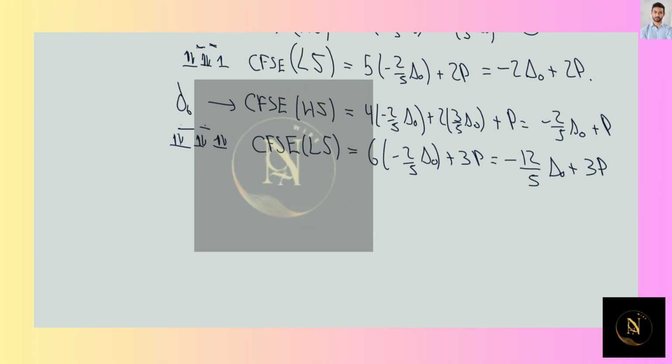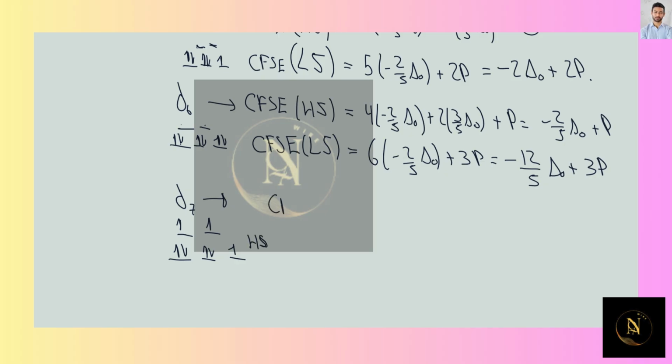Now let's go for the last 3 cases. D7, for the D7 configuration, we're going to get 1, 2, 3, 4, 5, 6, and 7 on the high spin case.